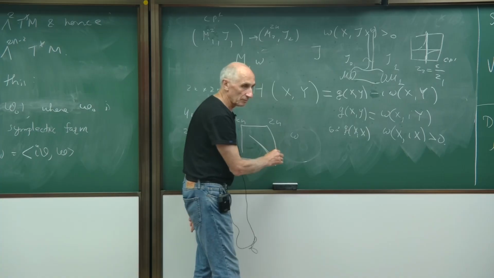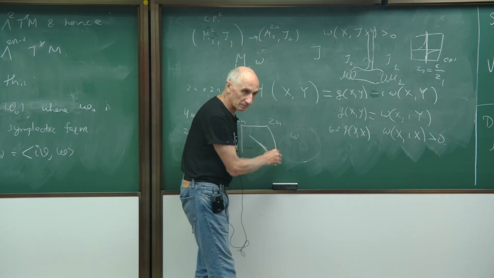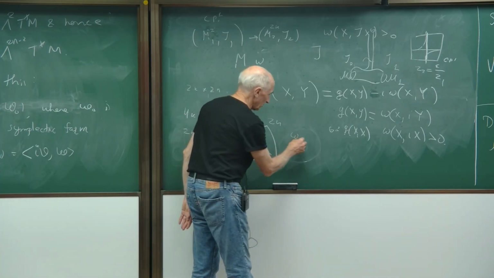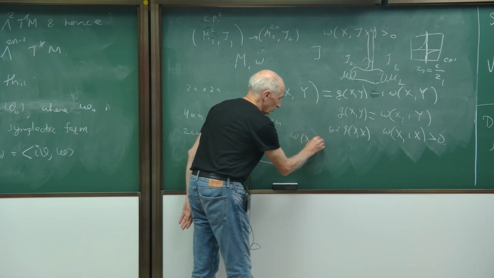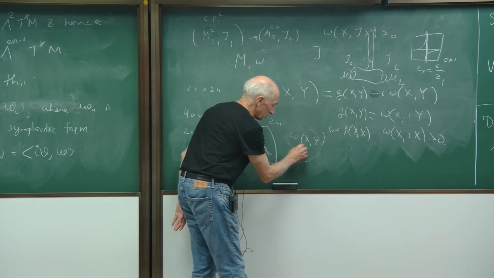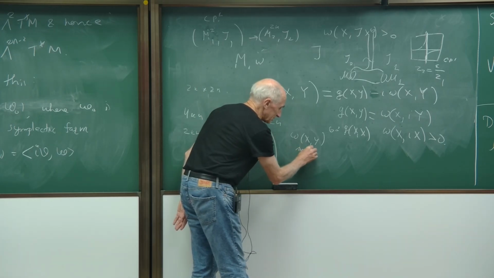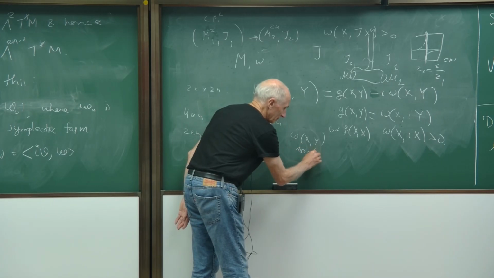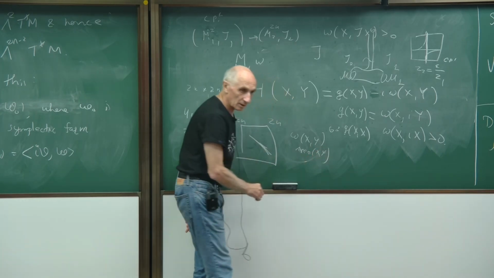Take two vectors in it, and for these vectors compute omega, the symplectic form, and compute the area of the parallelogram.